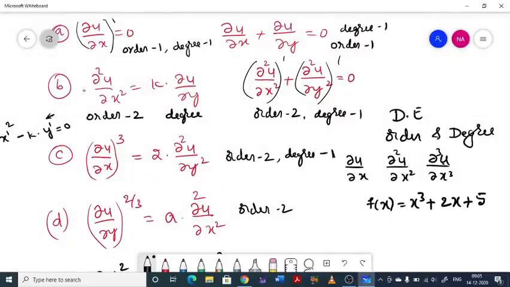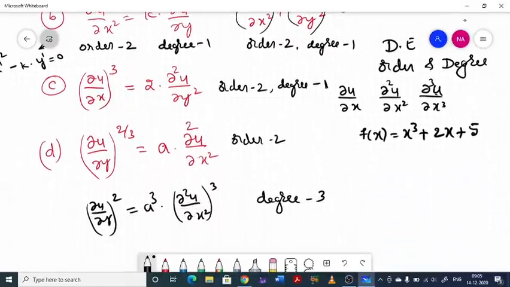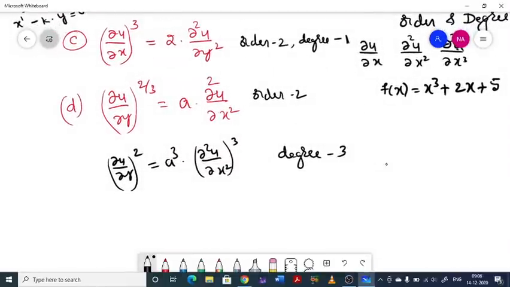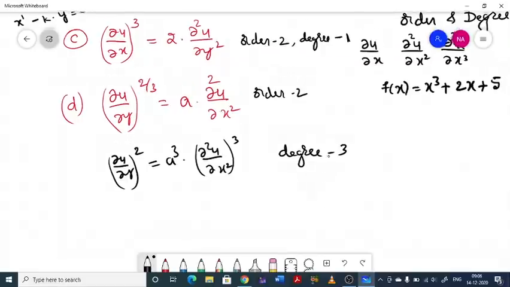Yes, here degree is 1. So you have to look at the degree of the highest order term, that is the actual degree of the differential equation. So this is about order and degree of the differential equation.